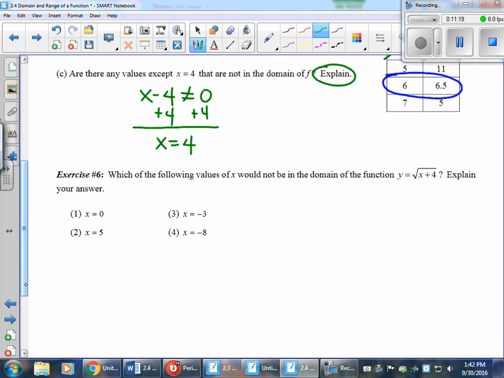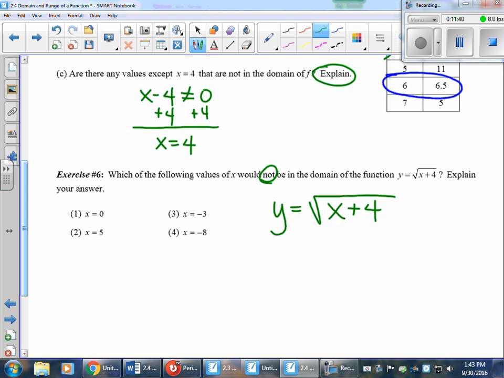And exercise 6. Which of the following values of x would not be in the domain of the function, and explain your answer? Similarly, we do have a restriction here. So y equals the square root of x plus 4.